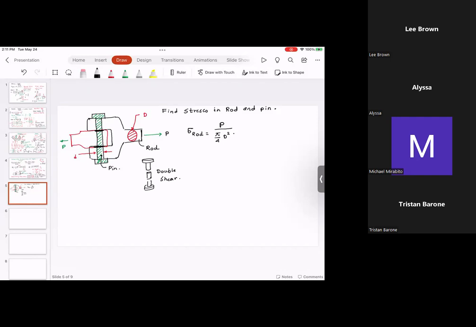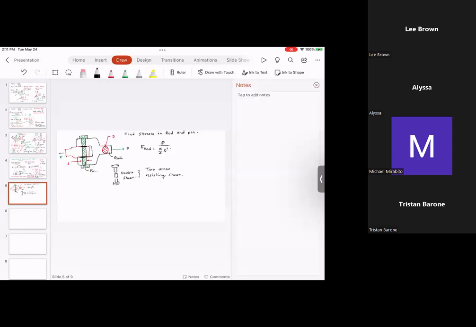What it means is there are actually two areas resisting shear.